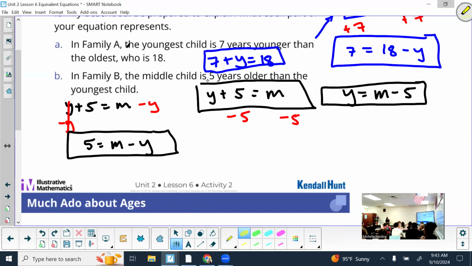There's lots you can do and probably even more than just what I wrote. Like you could write 5 plus y equals n. You could put n equals 5 plus y. There's probably other variations you could do, but does order matter in subtraction?